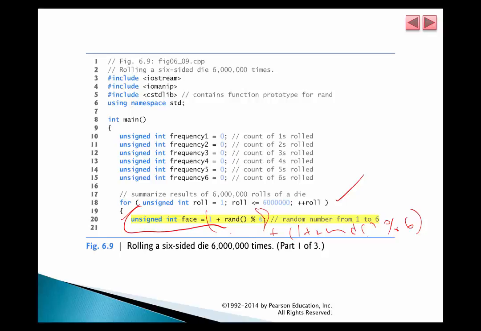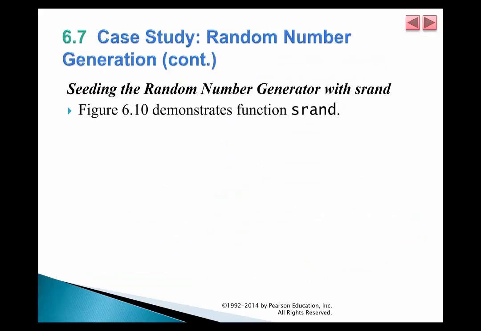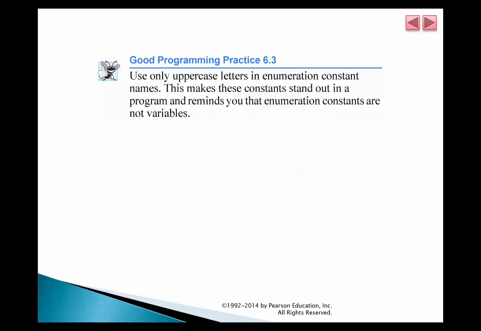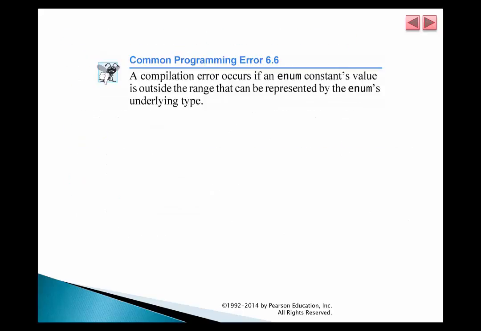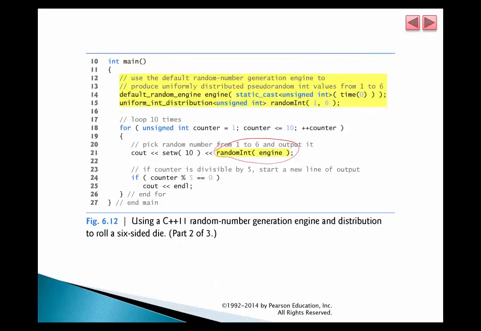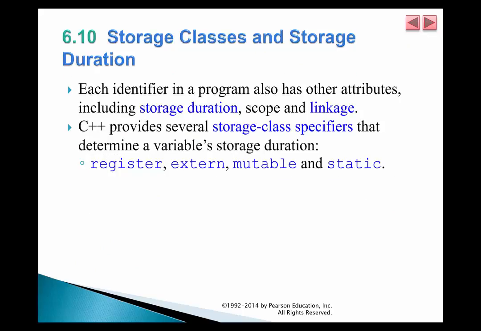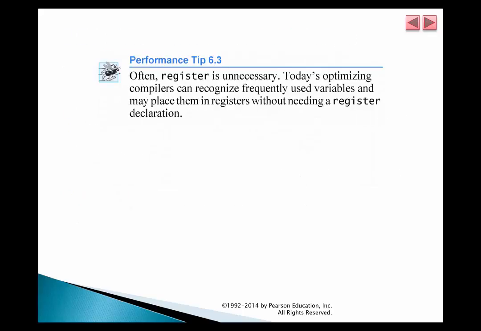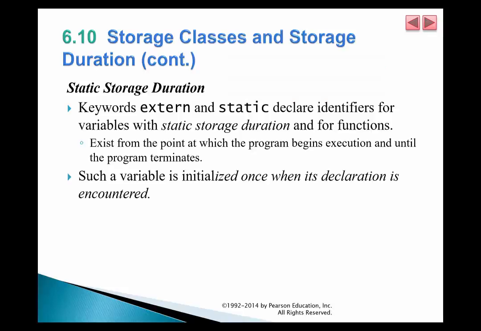So once I leave that for loop, face does not exist. Good programming techniques tell you to keep your scopes as small as possible. That's not always possible. Some people will say you cannot use global variables. I say that you should avoid them, but you can.